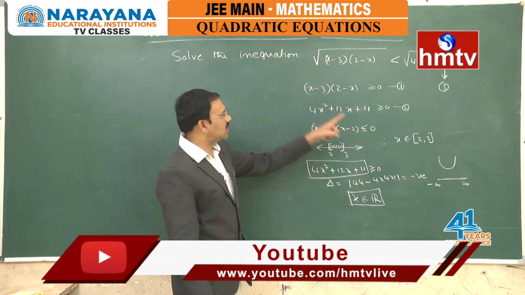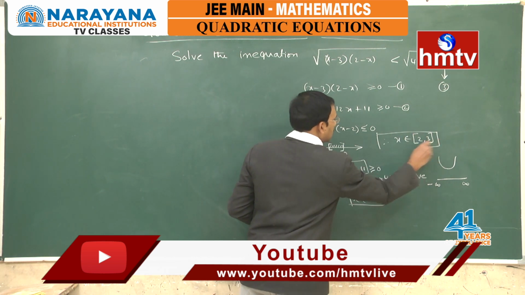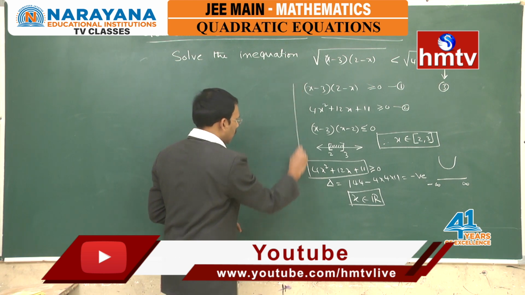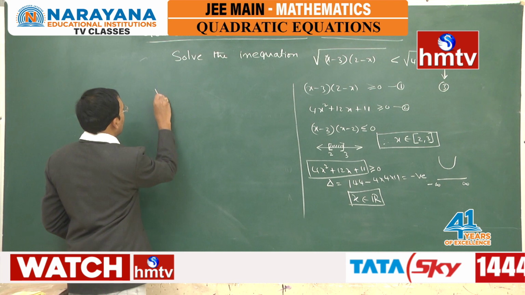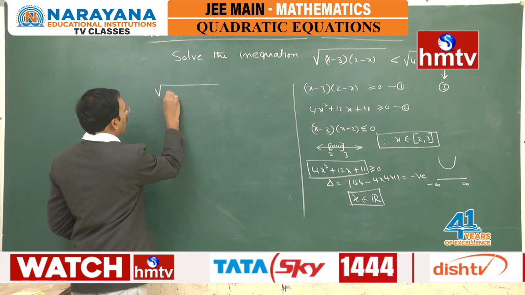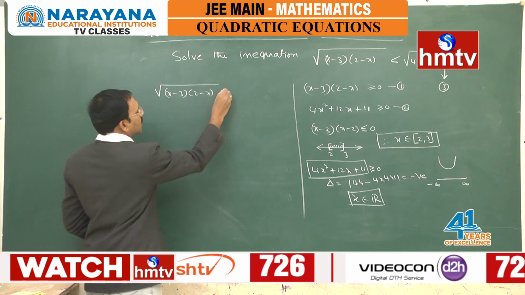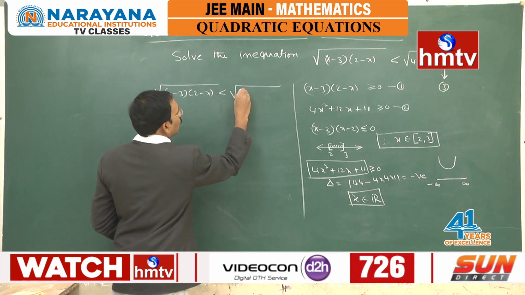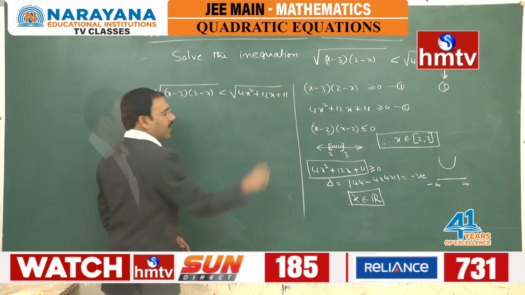So, the first condition is x belongs to closed 2 comma 3, whereas the second condition is this. Now, let us go to the third condition. He has given root of (x minus 3) into (2 minus x) is less than root of 4x square plus 12x plus 11.